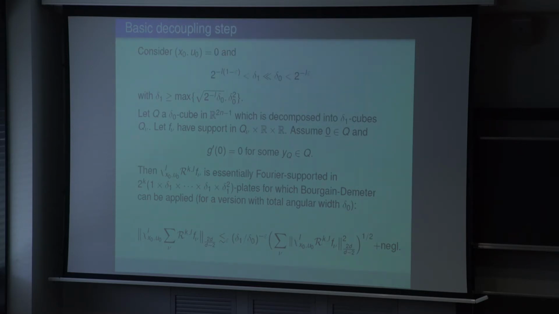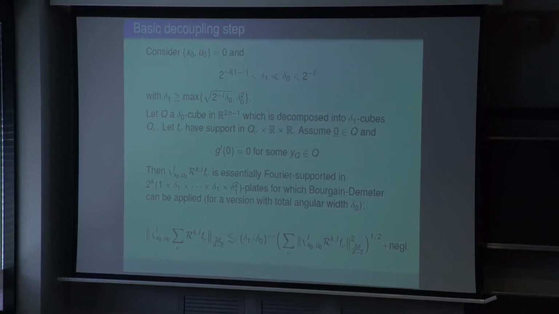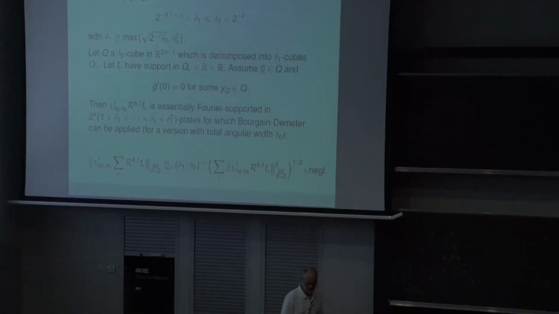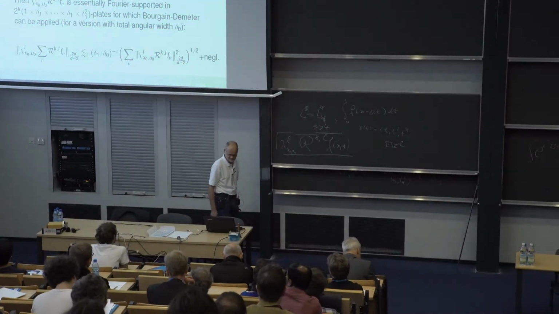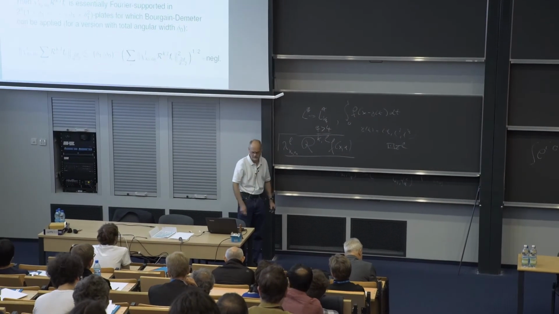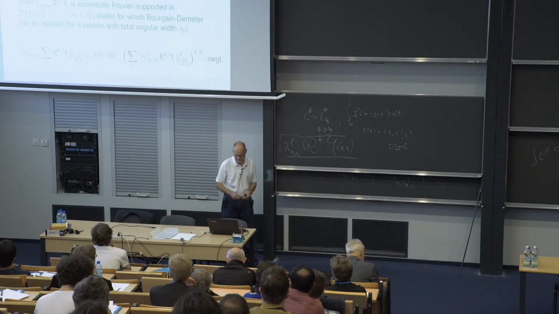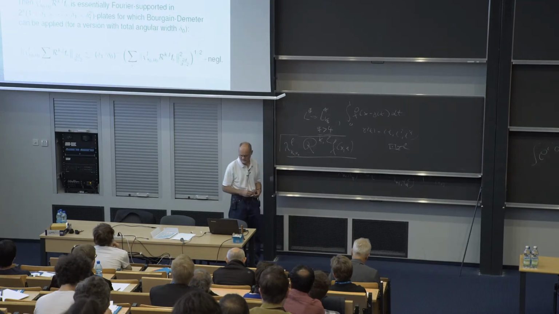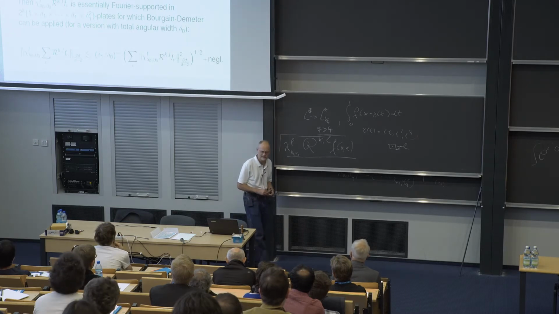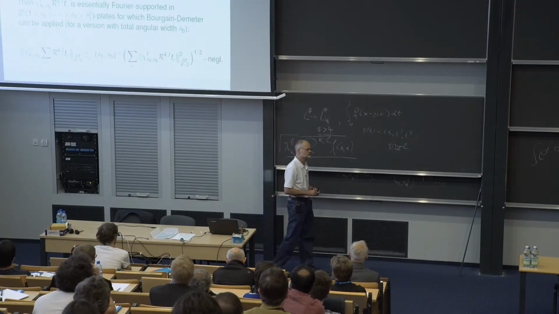Okay, so think that we know that our Fourier transform is already supported in a neighborhood of a cone of width 2 to the k times delta_0 squared, and we would like to go to a lower neighborhood. Okay, so this delta_1 should be significantly smaller than delta_0, but not too much smaller than delta_0.